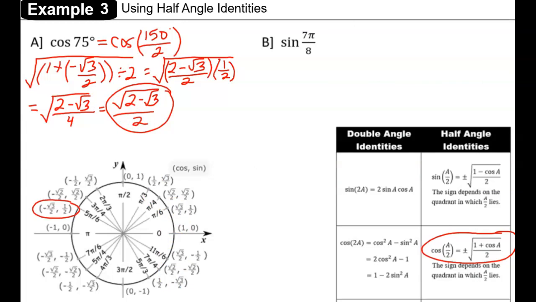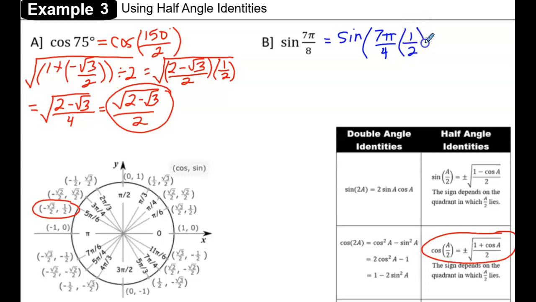Okay, now we're going to try the sine of 7 pi over 8. So when I look at the unit circle special angles, there is no 7 pi over 8 as a special angle. If I double that 7 pi over 8, then that would be 7 pi over 4.